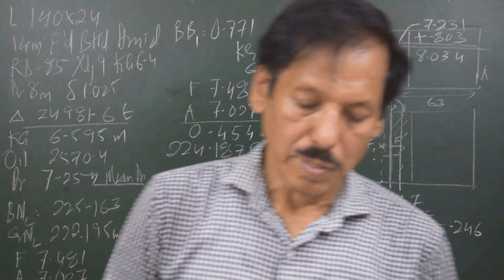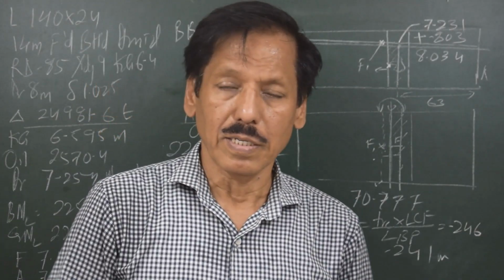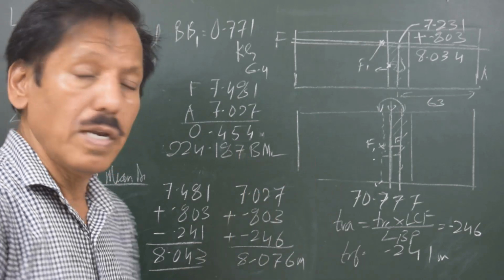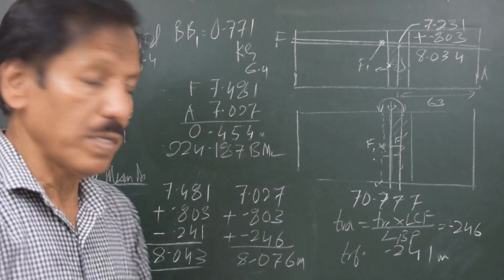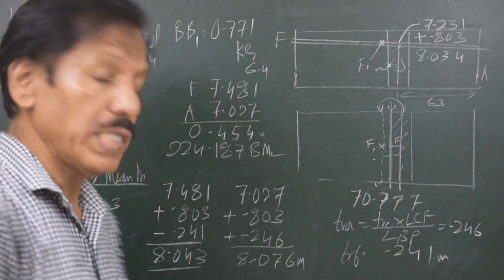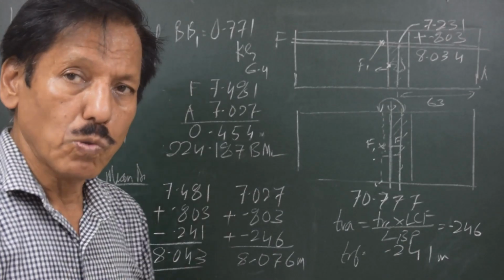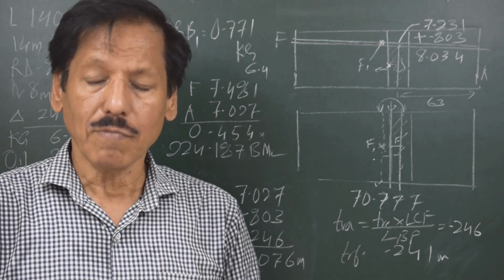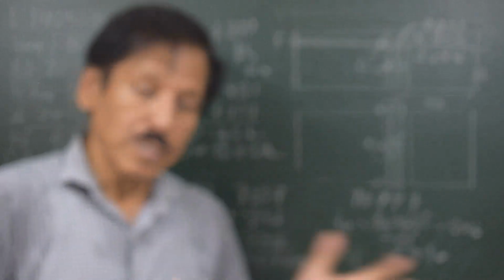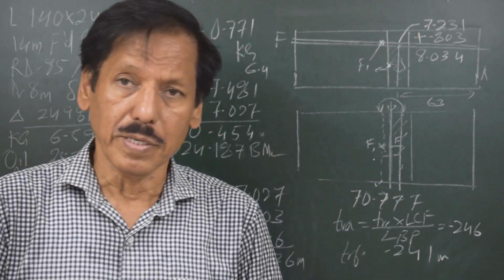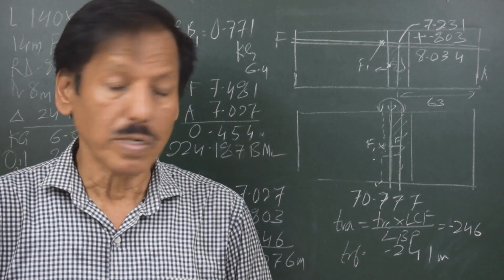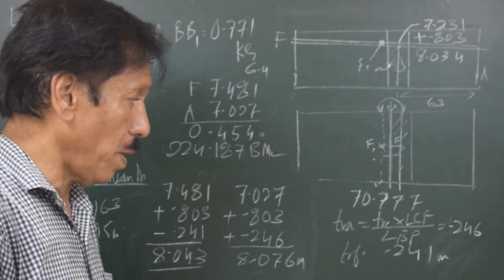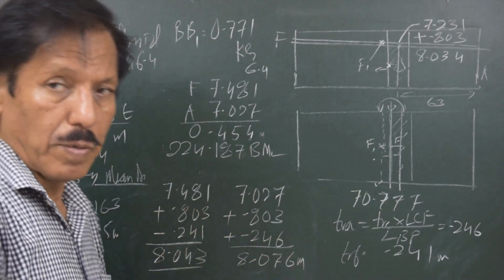So the calculation is slightly complex, and that is because there was a liquid in this compartment, and when there's liquid in the compartment, we need to do the calculations in two stages. First stage, we remove the liquid, find out the new mean draft, find out the new draft at the damaged compartment is important. Apart from that, we find out the KG with the liquid out from the compartment, and then we damage the compartment.